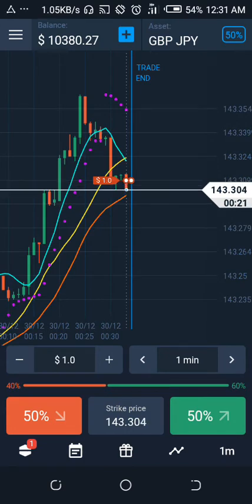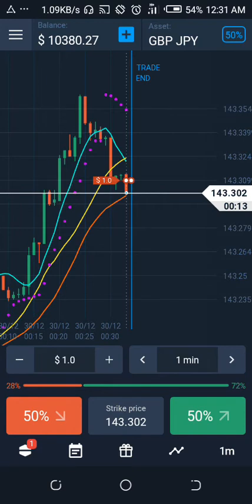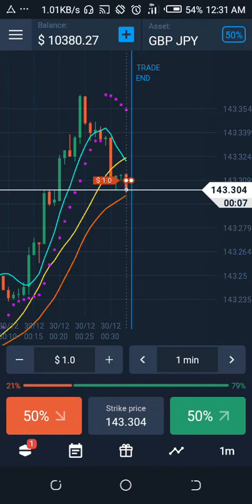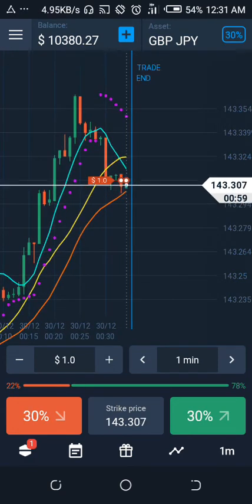Don't forget, our strategy says if green and yellow touch and are facing a downward direction, you have to execute a trade called sell. Our parabolic is also going in a downward direction, which supports our SMA yellow and green.